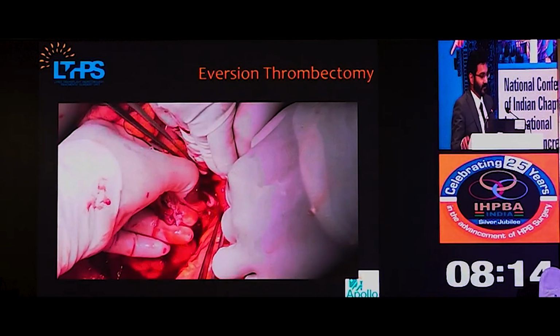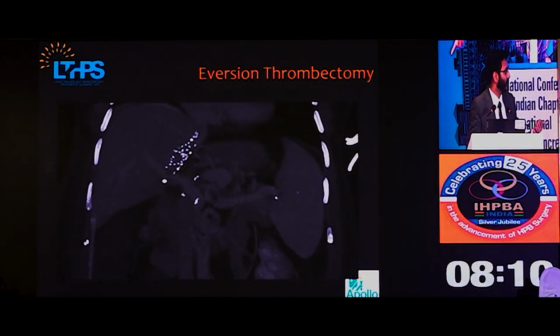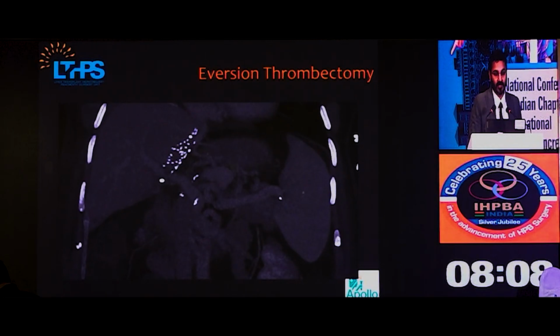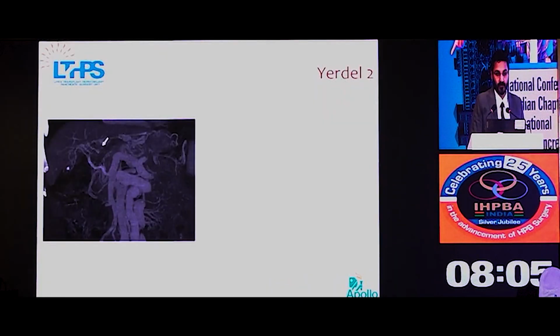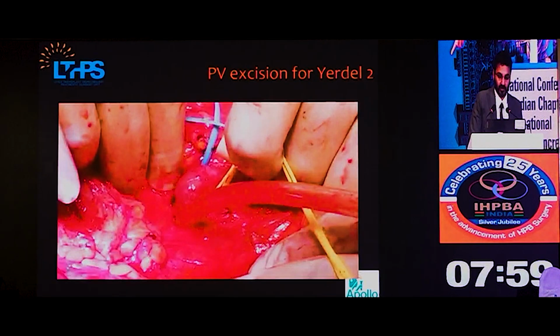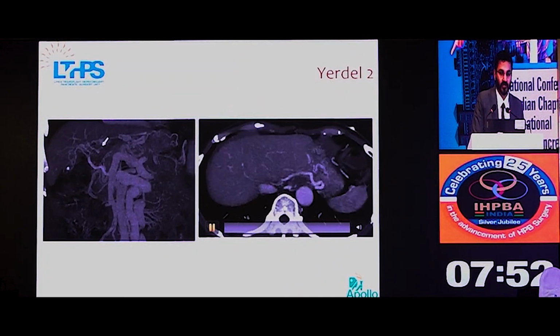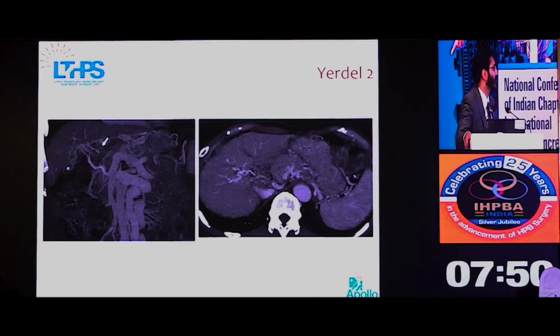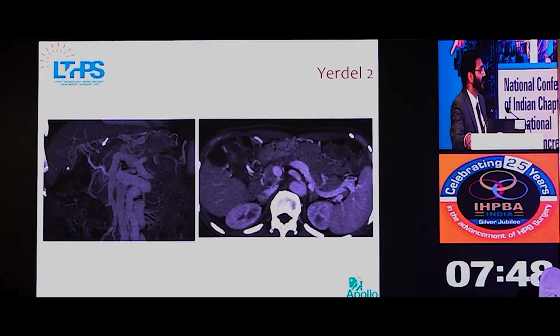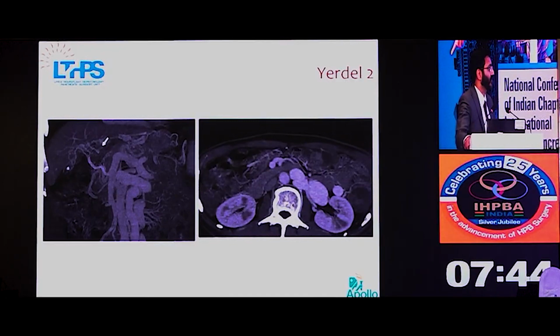And if the flow is good, then in this particular patient, this is a post-operative scan. You can see a good flow was established. Then for a Yerdle 2 patient, you can see more than 50% of the portal vein thrombus is almost completely occluding the portal vein, reaching up to the proximal superior mesenteric vein.